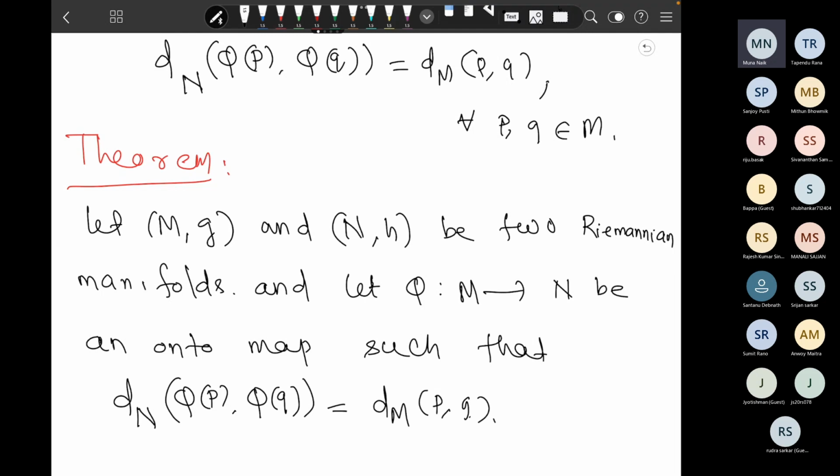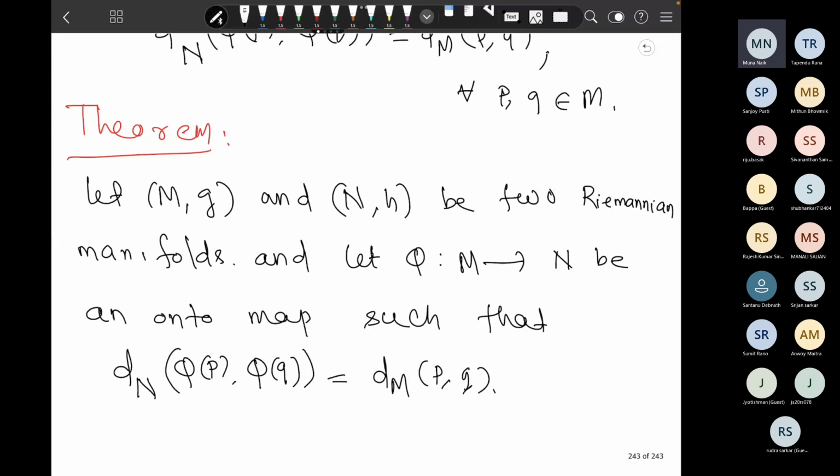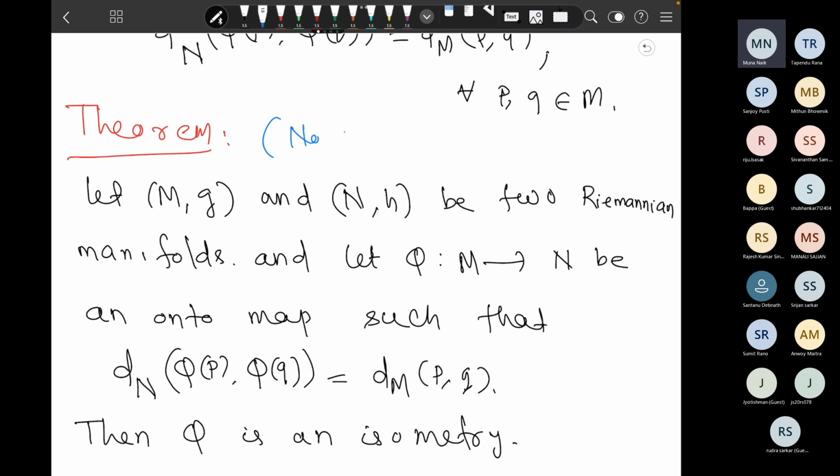So phi just preserves distance. That's all. No smoothness, no continuity assumed. Then phi is an isometry. So here no continuity or smoothness of phi is assumed.